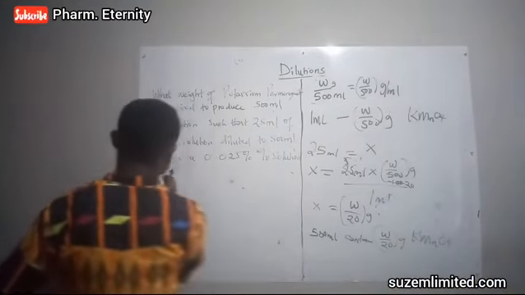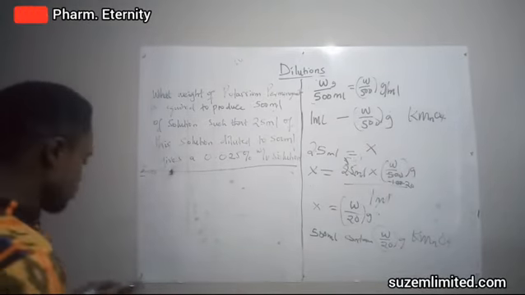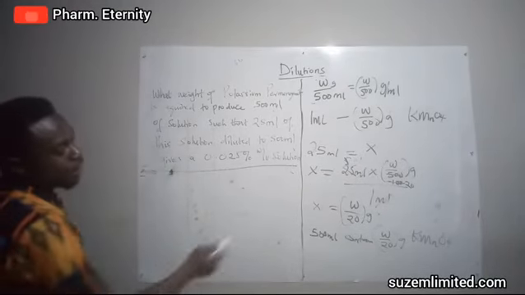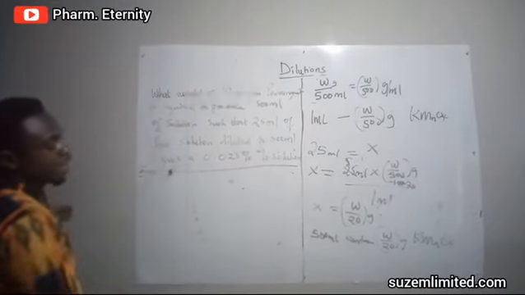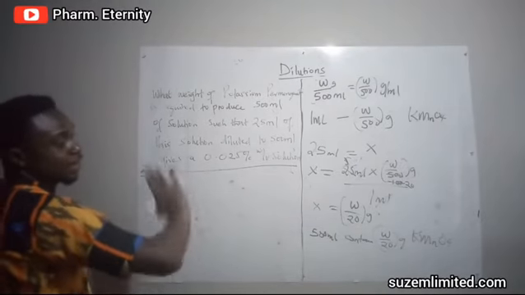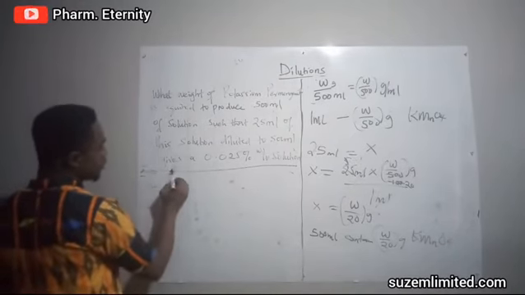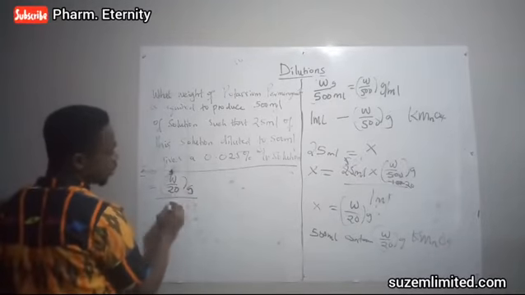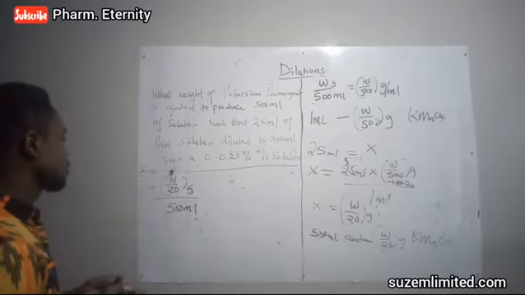Let's make use of this space. Okay. Now, with this, we can come up with the amount strength. The amount strength of potassium permanganate of this 500 ml solution is the amount of potassium permanganate over the volume of the entire solution, which is W over 20 gram all over 500 ml.